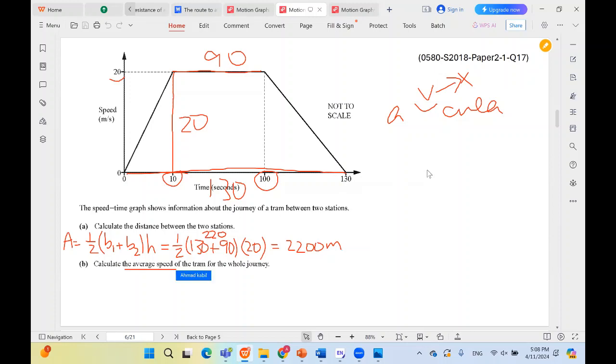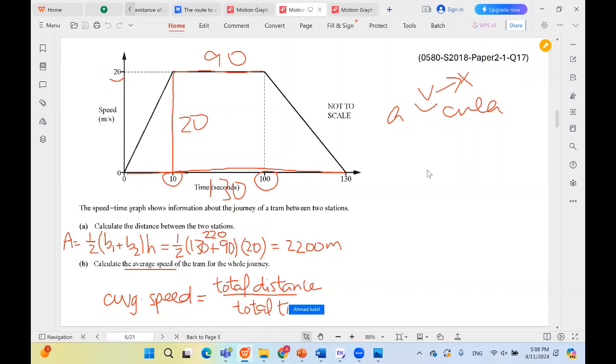You should know that the average speed equals total distance divided by total time. The total distance was already obtained in the previous question, 2,200, divided by the total time, which is 130.